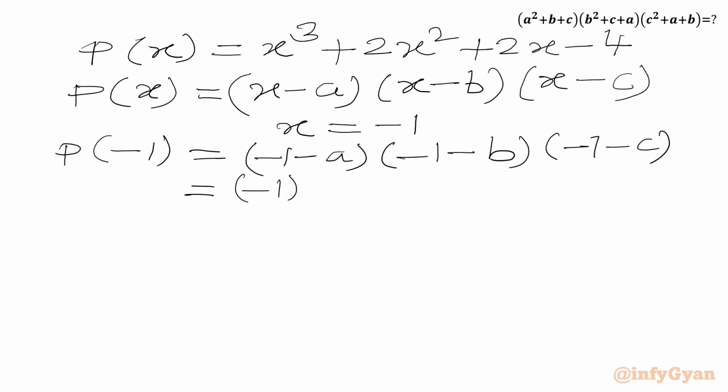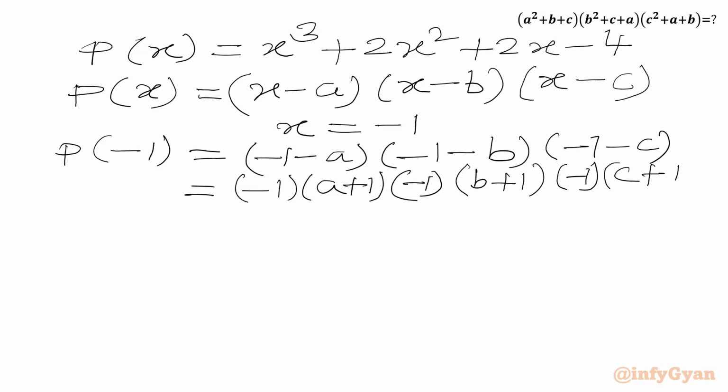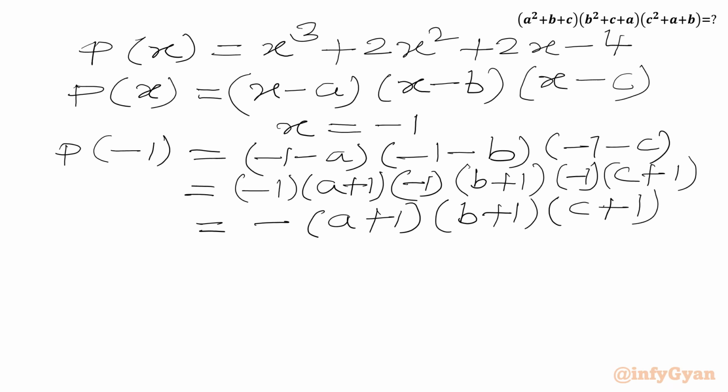So we can write minus 1 times a plus 1, minus 1 times b plus 1, minus 1 times c plus 1. Now minus 1 times minus 1 times minus 1 is minus 1. So we will write minus of a plus 1 times b plus 1 times c plus 1, which is required in our expression.